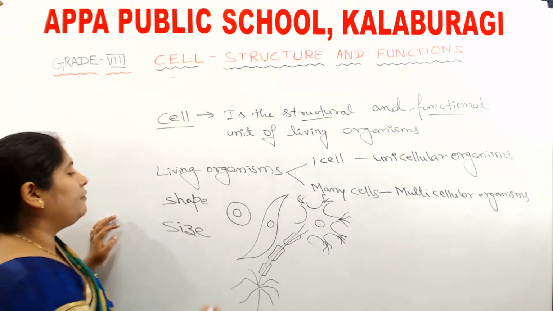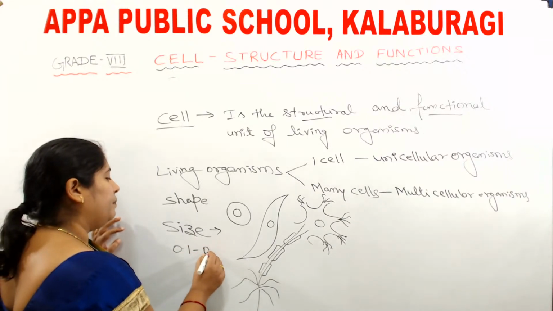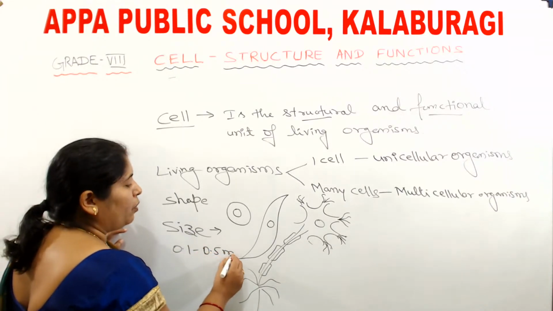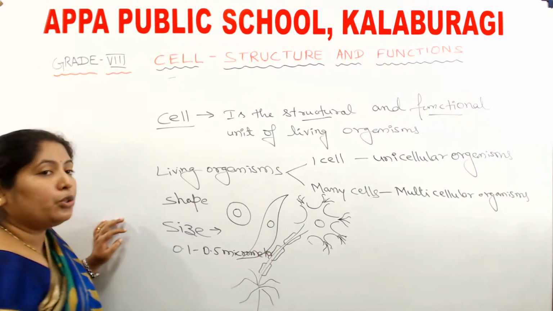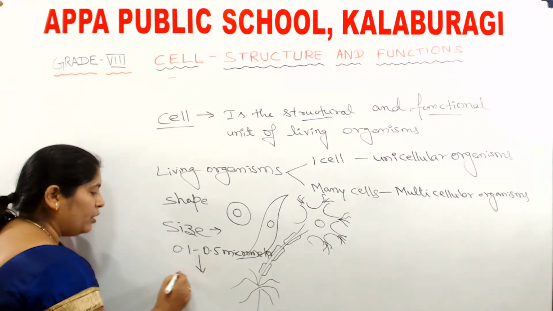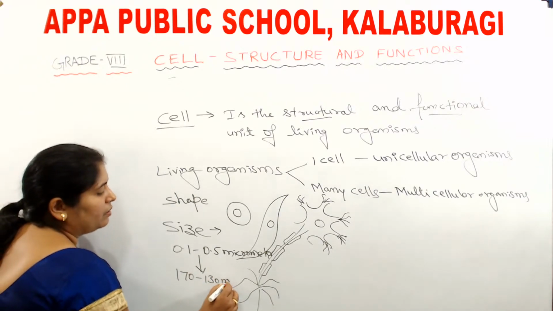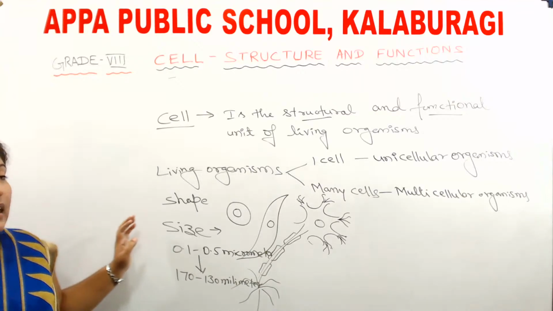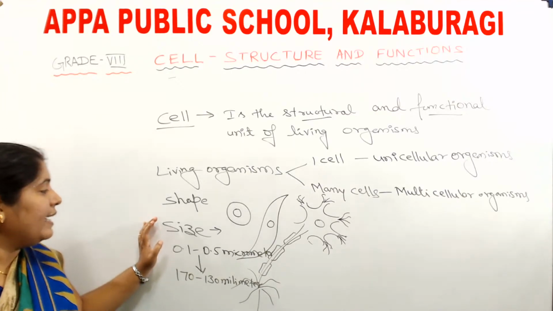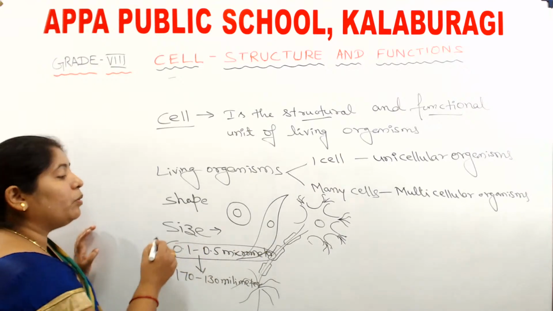Cells are ranging from 0.1 to 0.5 micrometer to 170 to 130 millimeter, right? The smallest cell is having a size of about 0.1 to 0.5 micrometer.